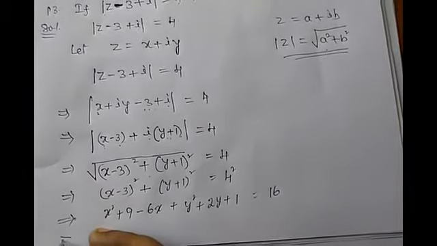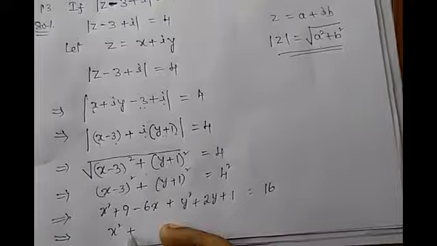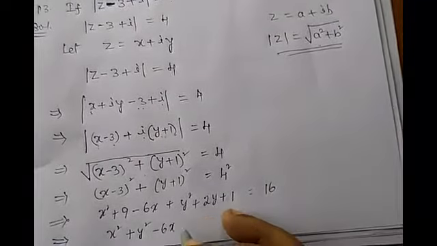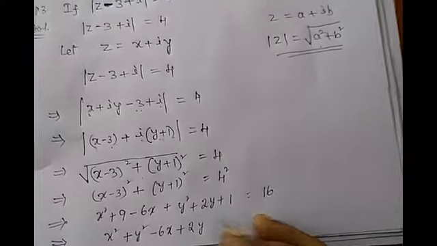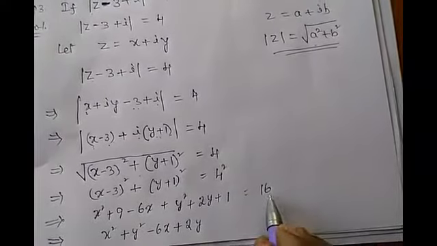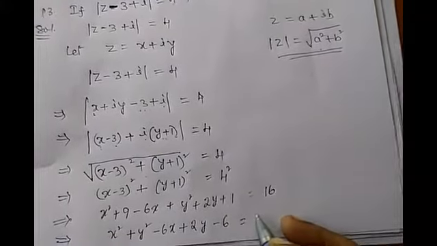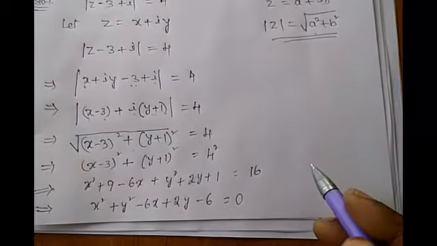Now on simplifying this, we get x square plus y square minus 6x plus 2y, 10 minus 16 gives minus 6, equal to 0. This is the required locus of z.